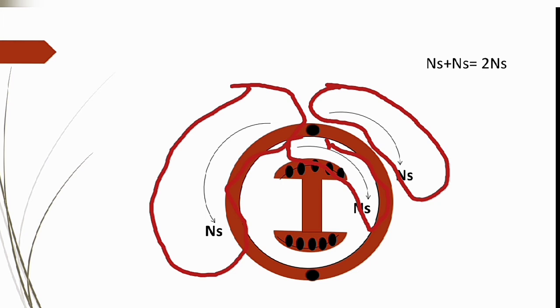Any EMF generated in the damper winding is due to the relative speed between the stator field and the rotor field.